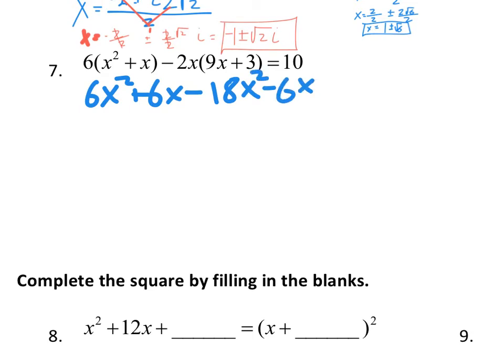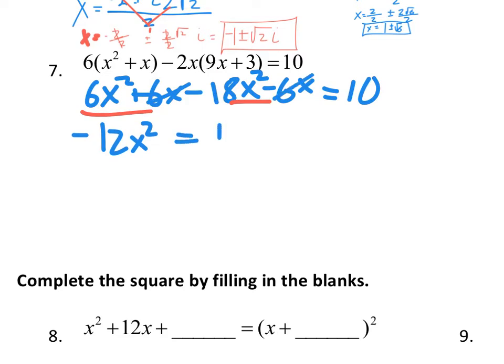That's a squared. All right. Let's clean up. Put the squares together here, and we have negative 12. Put the x's. Oh, the x's go away. That's kind of nice. And that equals 10.